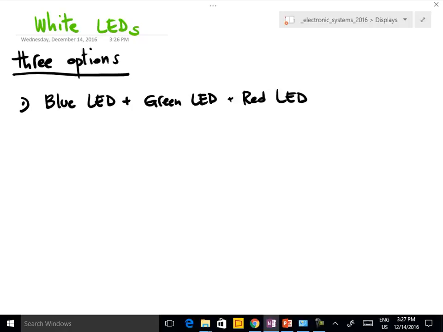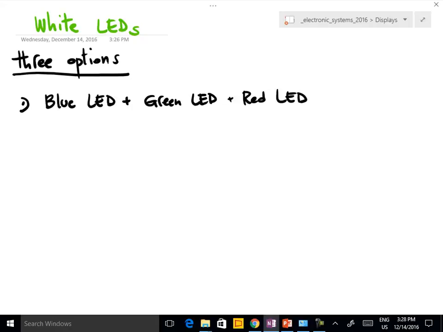which is not very common because typically there's a problem with aging. Different LEDs do not age at the same time, so you have a white now, and then after 1 year your white has become something else.